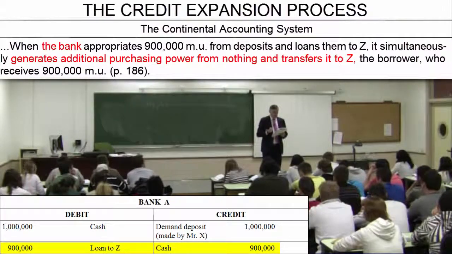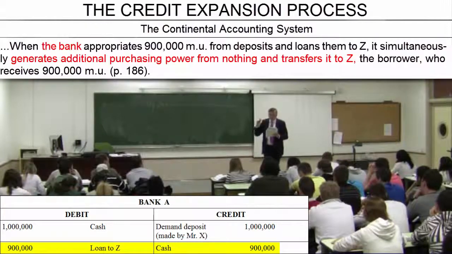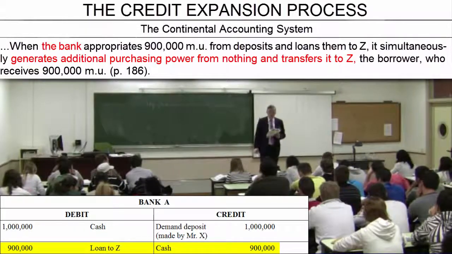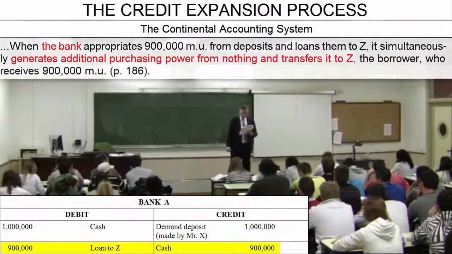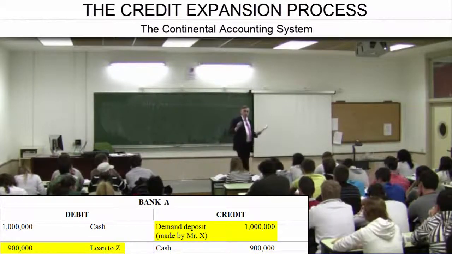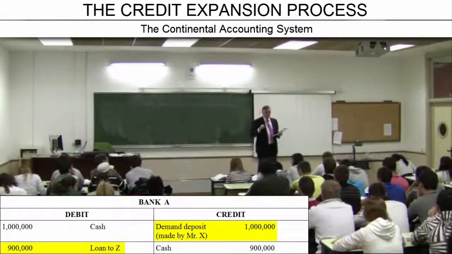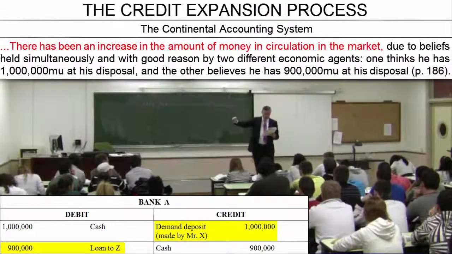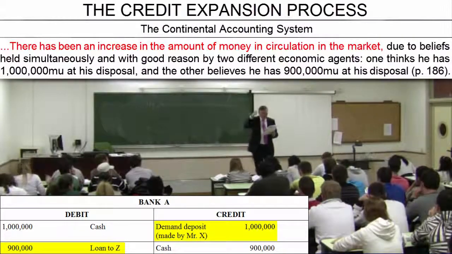So, the bank generates new purchasing power from nothing and transfers it to Company Z, which obtains the loan and receives those 900,000 monetary units. So, in the market, as a result of the bank's appropriation of a portion of demand deposits in order to make loans to third parties, the quantity of money in circulation increases.